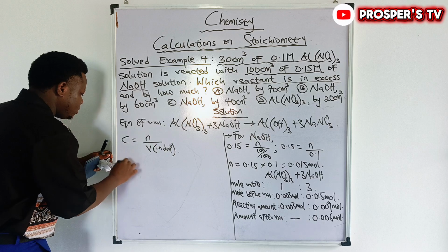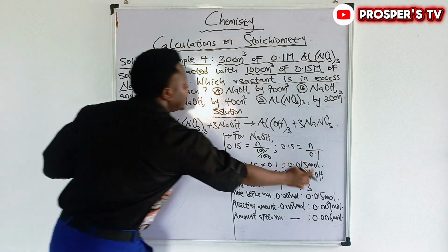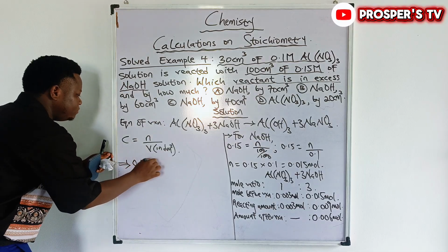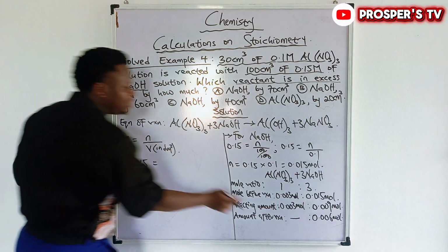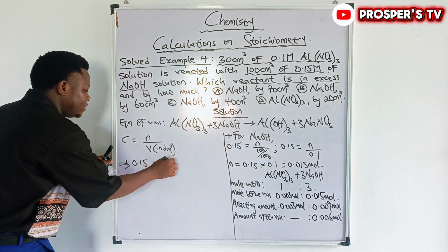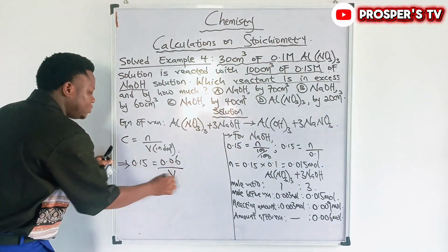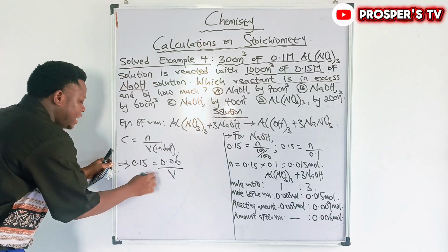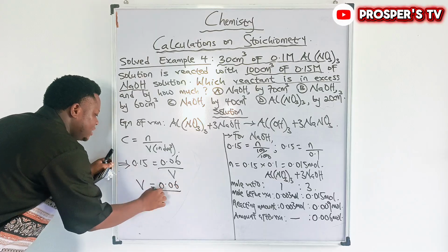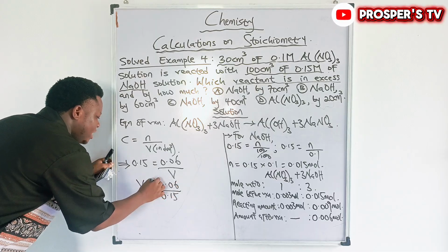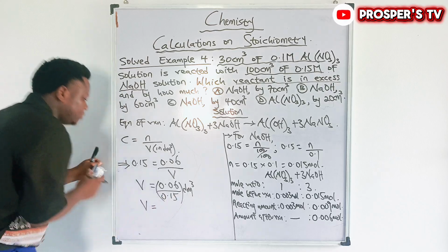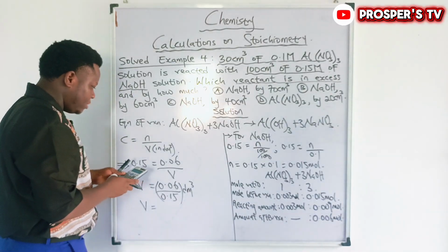So if we substitute, the concentration of sodium hydroxide remains 0.15. So we'll say 0.15 is equal to the amount we are trying to convert now to volume, which is 0.006, over the volume I'm trying to find. If you cross multiply and make V the subject of the formula, V is going to be 0.006 divided by 0.15 dm cube.